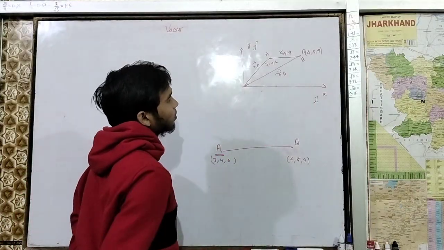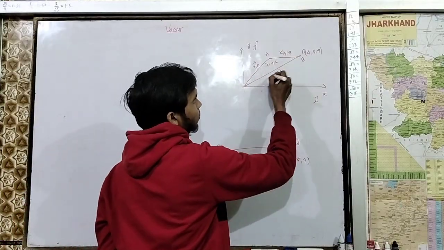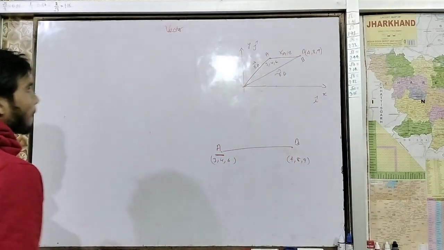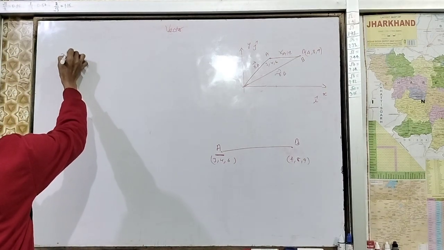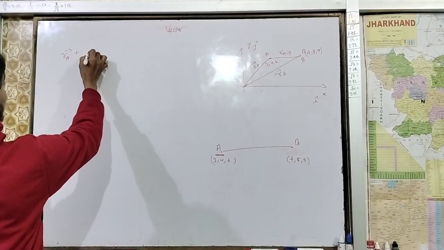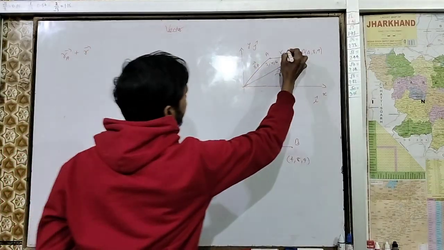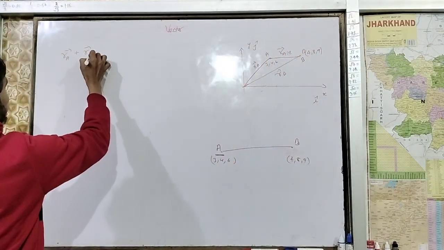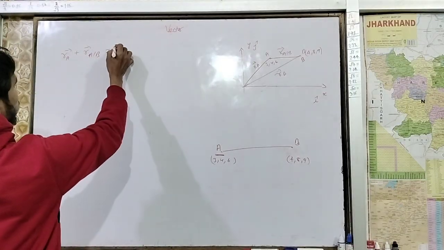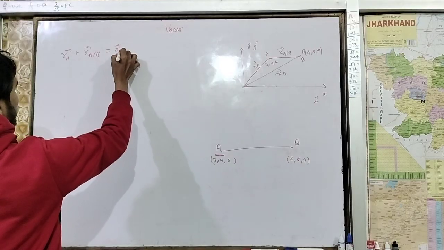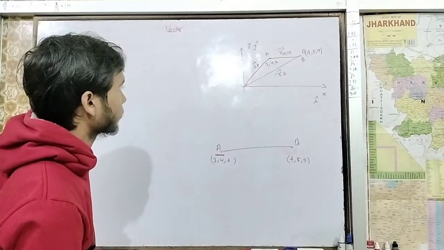Can you see the triangle now? Yes, we can see this plus this gives us this hypotenuse. Am I correct? So position vector of A plus position vector of A with respect to B is equal to position vector of B. This is what we get from this diagram.